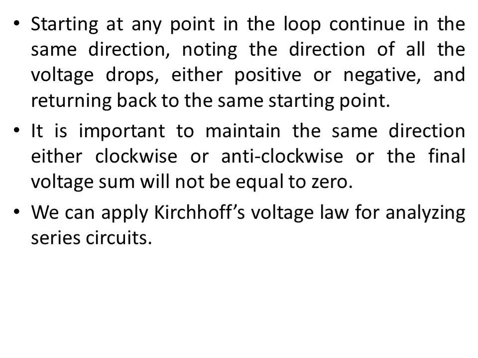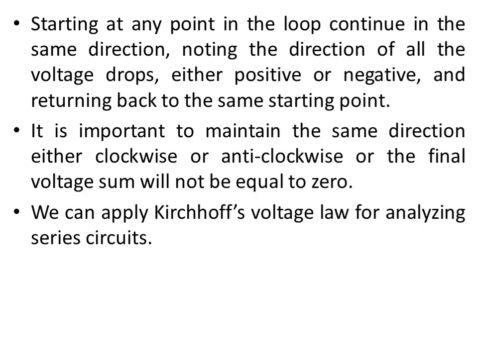Start at a point in a loop, continue in the same direction, noting the direction of all the voltage drops, either positive or negative, and return back to the same starting point. It is important to maintain the same direction, either clockwise or anti-clockwise, or the final voltage sum will not be equal to 0.